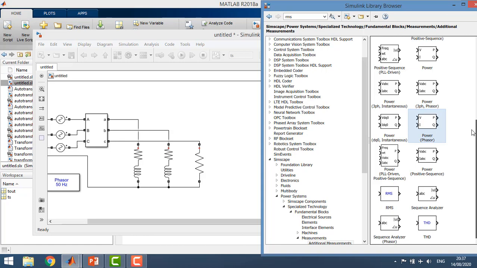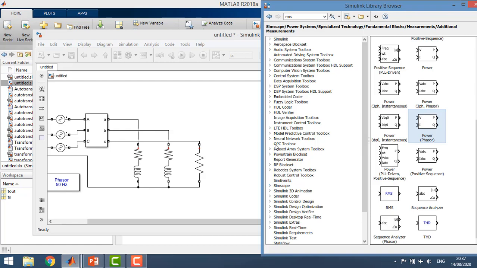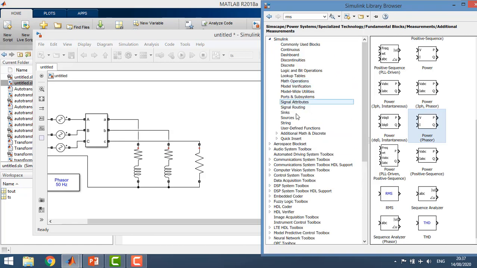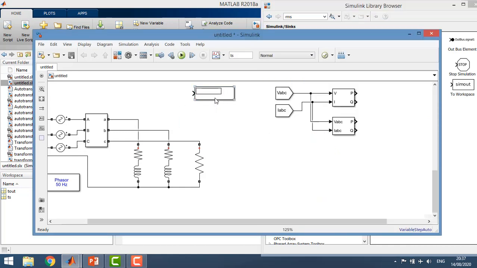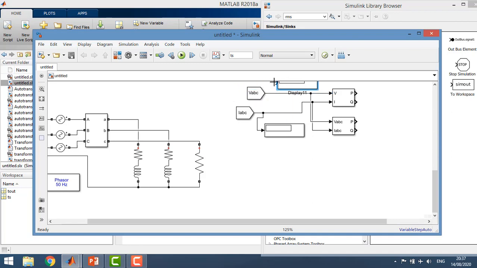So in order to show the output, I'm going to use a display. Plenty of them. Need to show the current. So the three-phase current. Would like to show the voltage as well.